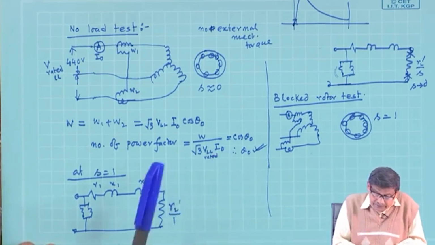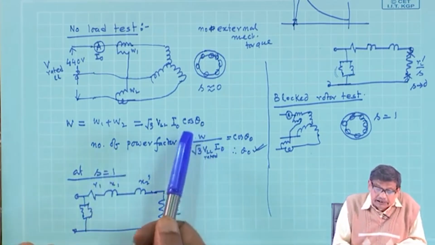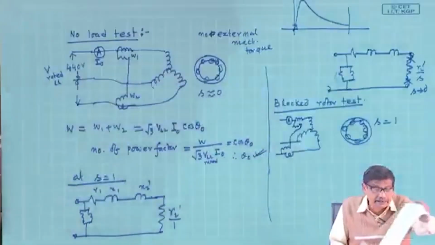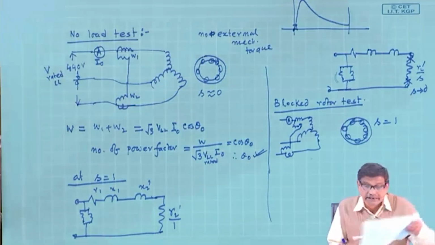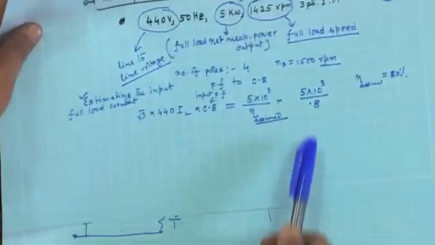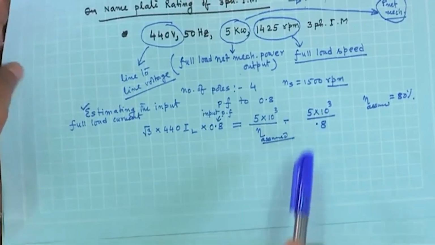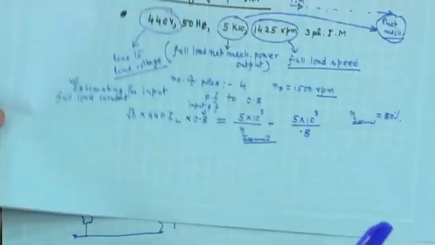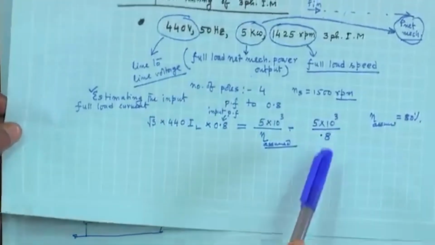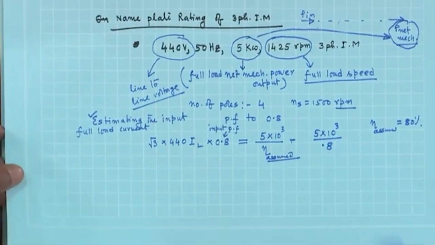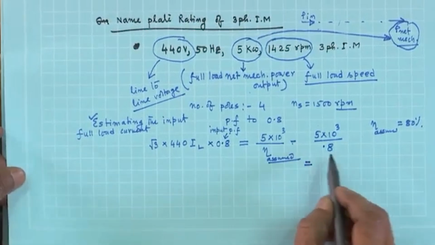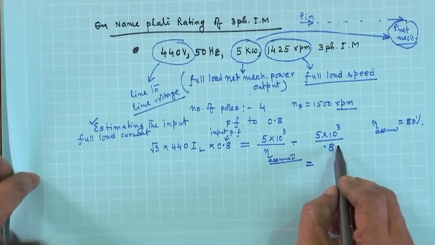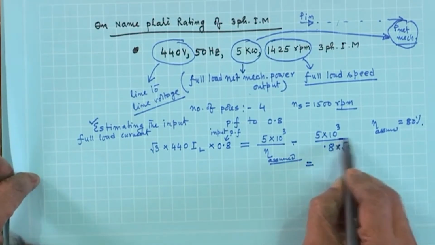You can calculate the rated current from this estimate. Whatever the amperage is, I am just calculating and telling you: 5000 by 0.8 by root 3 into 440.